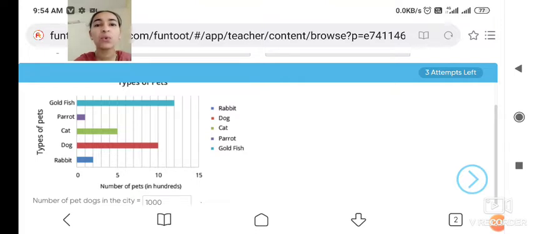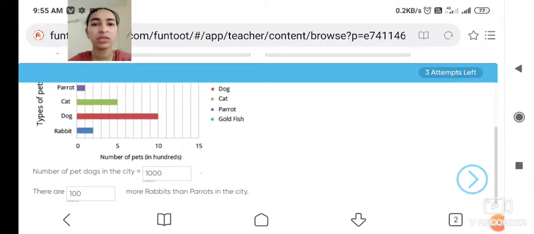Rabbit will be 200, and dogs, here it is indicating 10, so 10 means 1000, and cats are 500, parrots are 100, and goldfish are 1200. Here the types of pets are given on the vertical line, and on the horizontal line the number of pets is given. According to that we have to give the answers to the following questions.